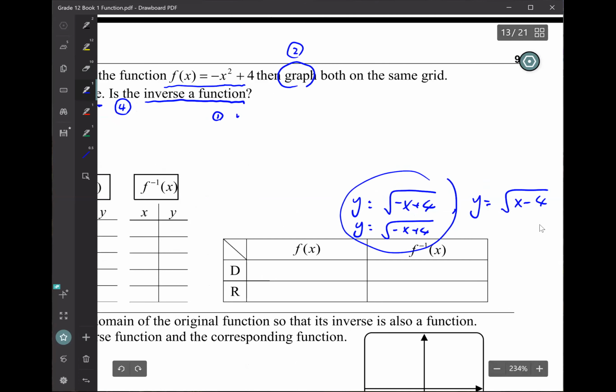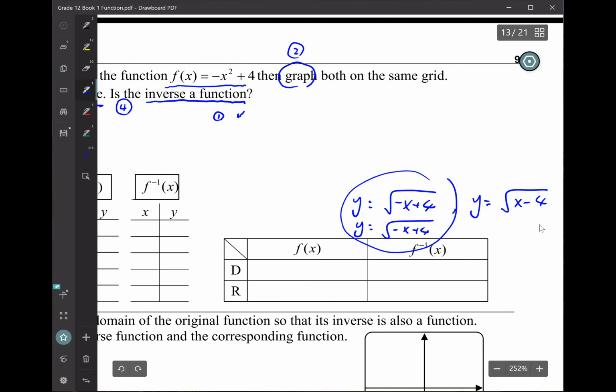And then you'll see. So step 1, we'll write it as y equals negative x squared plus 4. Step 2, we're gonna switch x and y. So Tiana, how do you write it? y equals negative x squared plus 4, and I want to switch x and y now. x equals negative y squared plus 4.